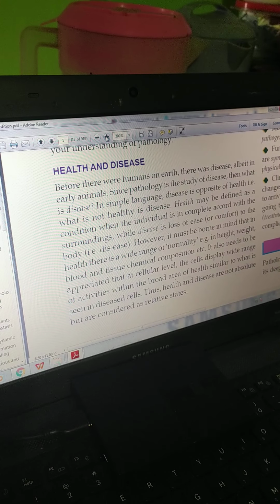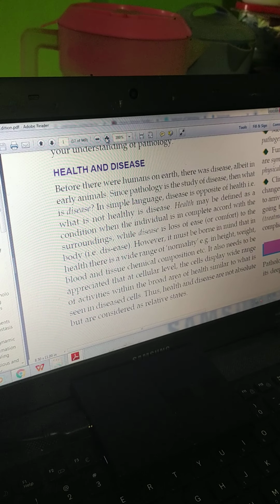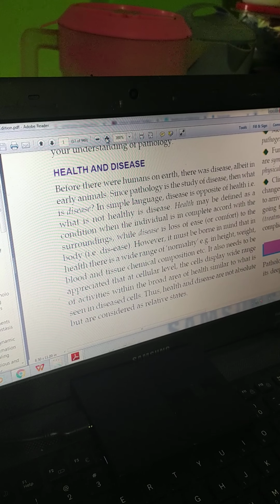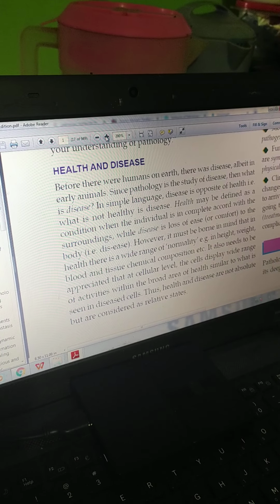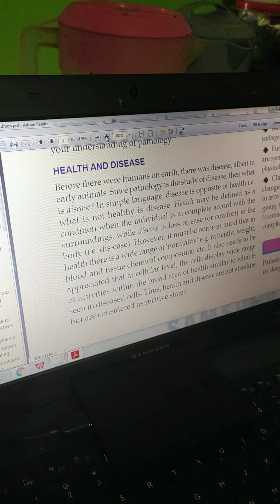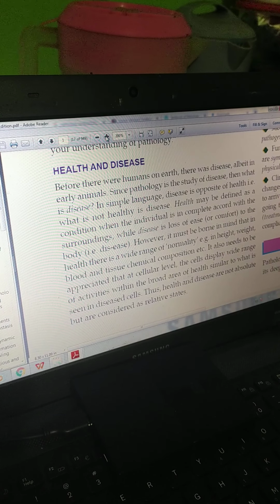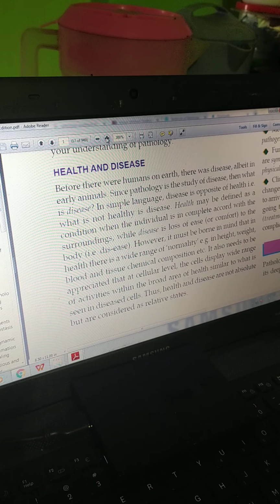However, it must be borne in mind that in health there is a wide range of normality in height, weight, blood and tissue chemical composition, etc. It also needs to be appreciated that at cellular level the cells display a wide range of activities within the broad area of health, similar to what is seen in disease. Thus, health and disease are not absolute but are considered as relative states.